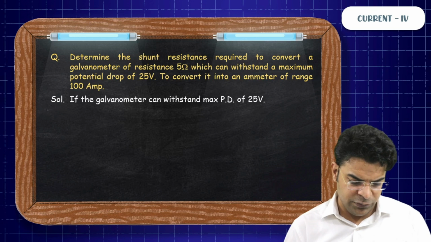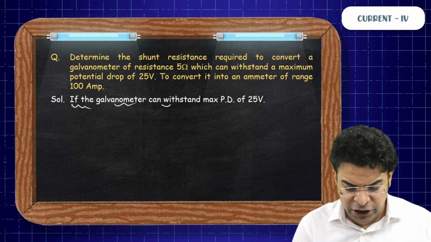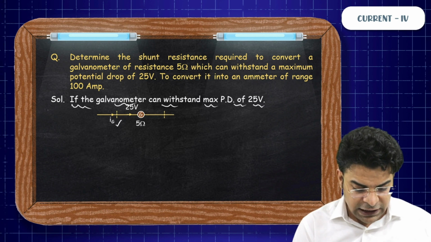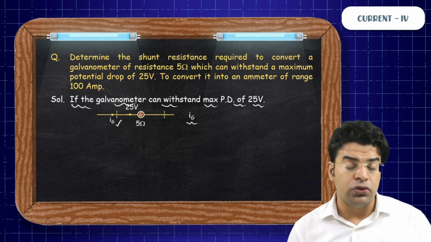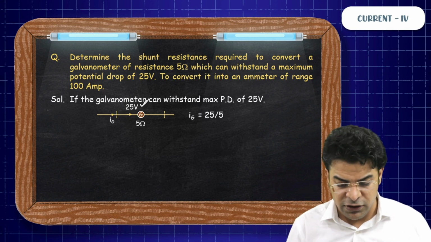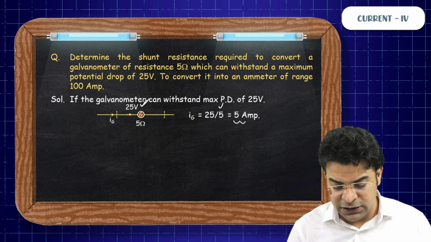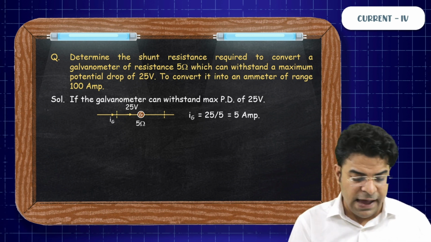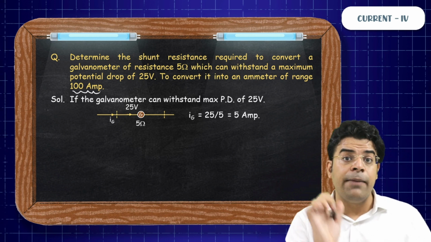How? Let's see. If the galvanometer can withstand a maximum potential drop of 25 volt, the maximum current that can flow through the galvanometer is 25 divided by resistance 5, so 5 ampere. You wish to have an ammeter of 100 ampere range.